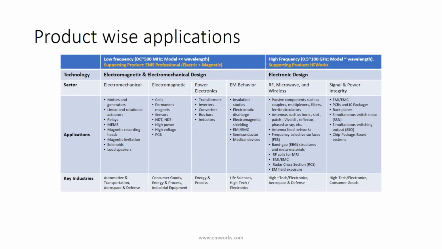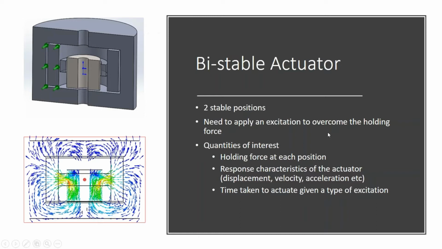You can also do problems related to multiplexers, filters, couplers, etc., mainly RF, and also study resonance of these passive RF and microwave devices. They mainly cater to industries such as aerospace, defense, and the high-tech electronics of today.